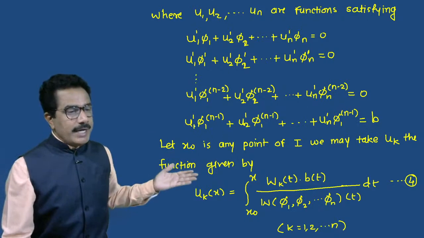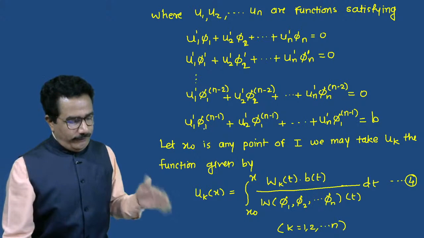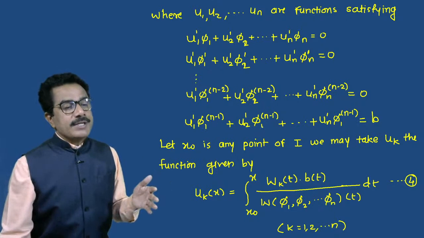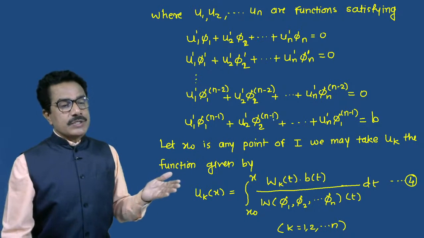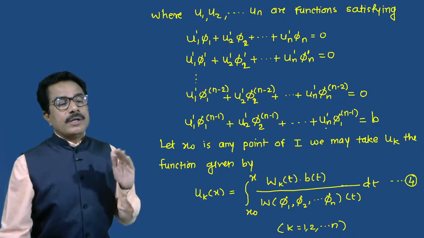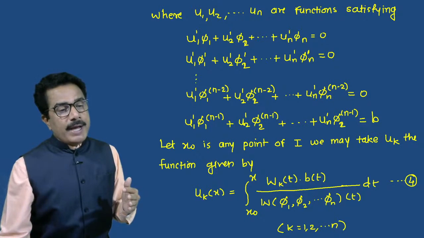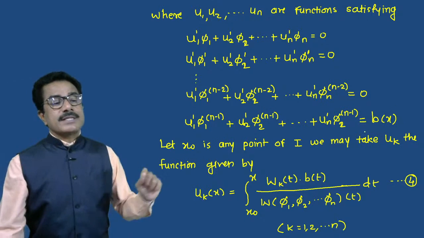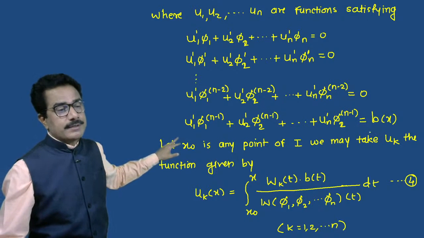Similarly, for (n minus 1), the last term is equal to b of x. The last term is called b of x.